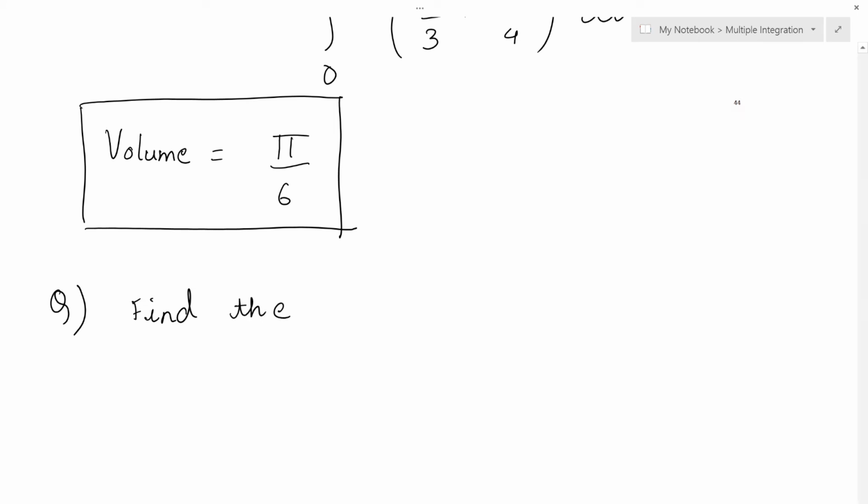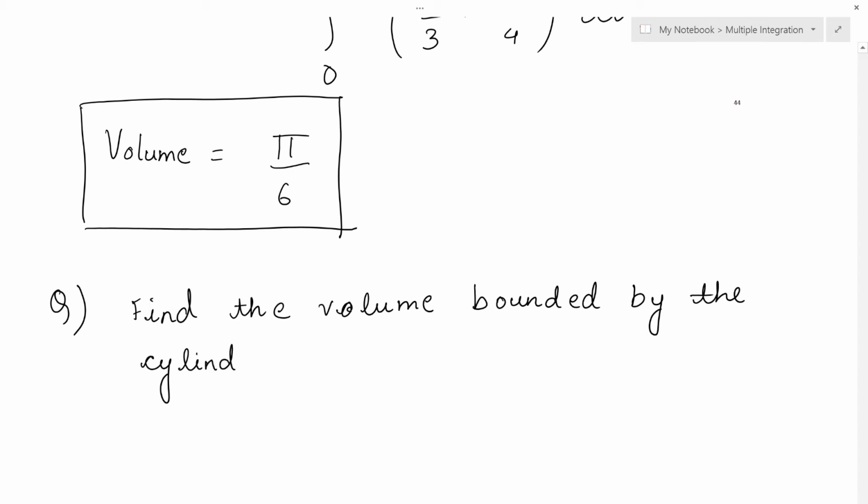So the question is, find the volume bounded by the cylinders x square plus y square is equal to 2ax. This is one, and the other is z square is equal to 2ax.